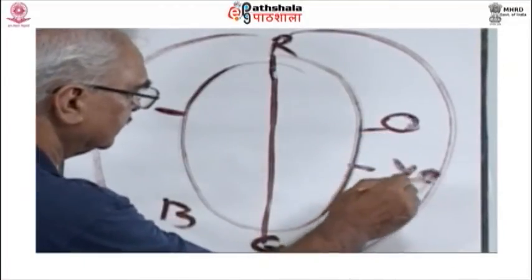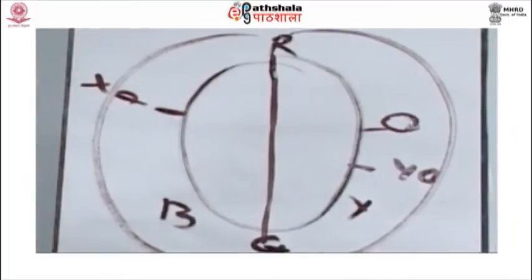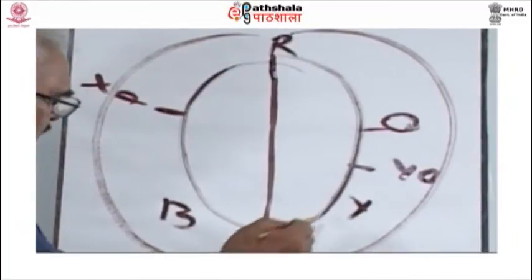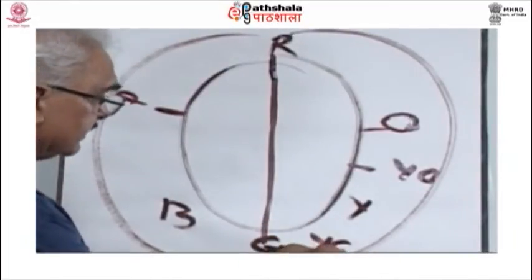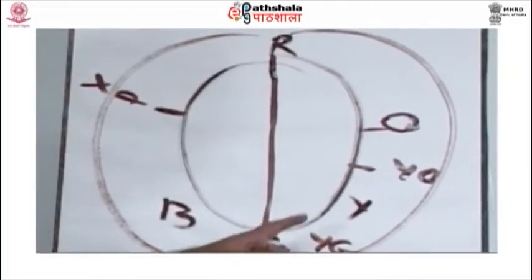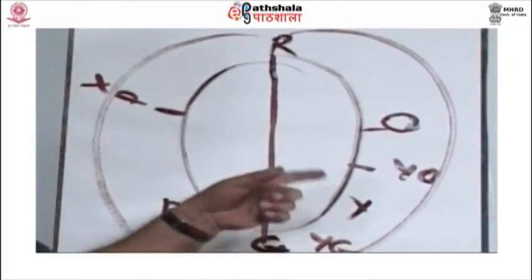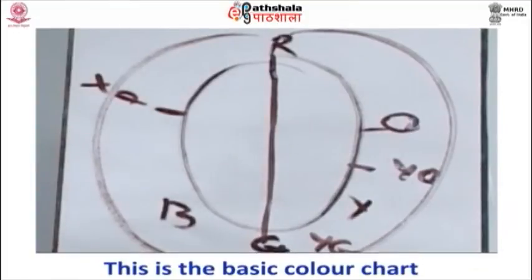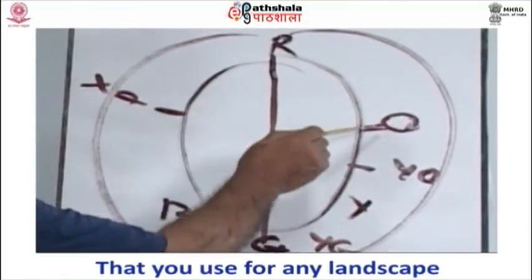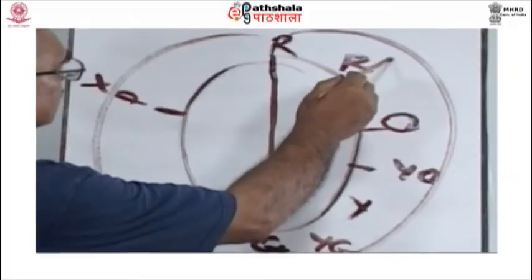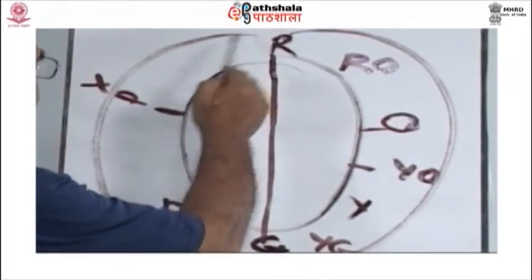When naming tertiary colors, you will use the primary color name before the secondary color. For example, the name of the color would be yellow green. This is the basic color chart that you use for any landscape, portrait or any other artwork.